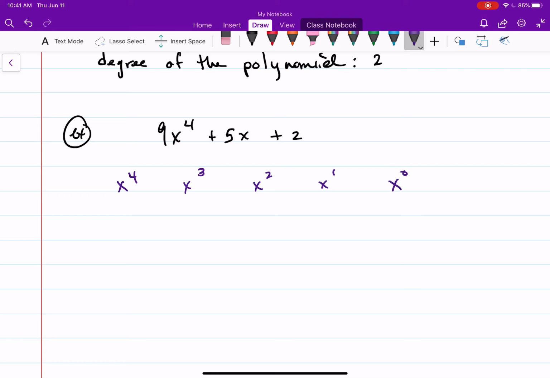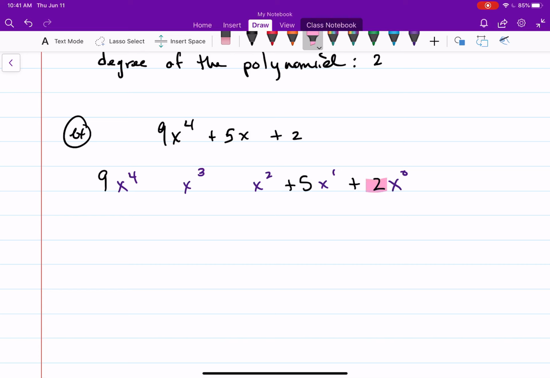So that's what we typically want to do. So whatever the highest power is, we want to write it down and down and down all the way to 0 power. So in this case, we have 9 for that. We got plus 5x to the 1st. And over here, we got plus 2, right? So that is where those are coming from.